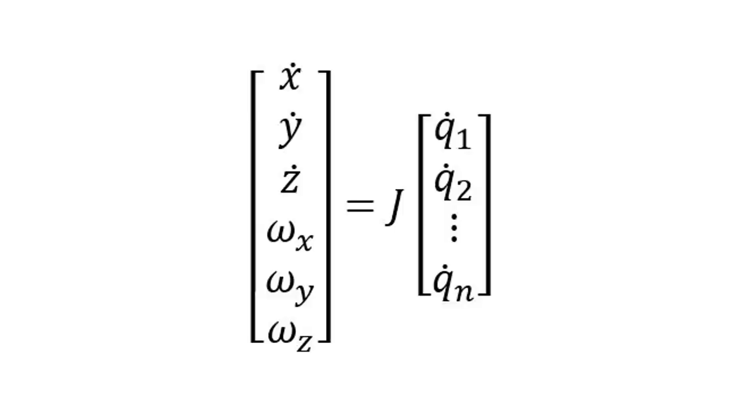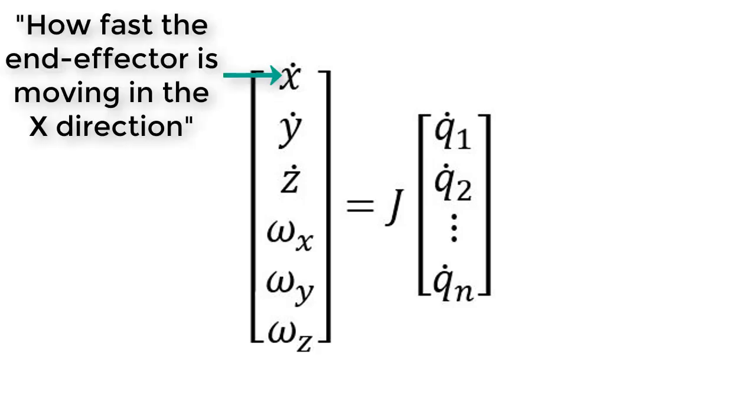Okay, so what does this mean? Let's start on the left and think through what this equation means. On the left is all the stuff that describes what's happening with our end effector. The dot notation refers to a derivative in time. So x dot means how fast the end effector is moving in the x direction.